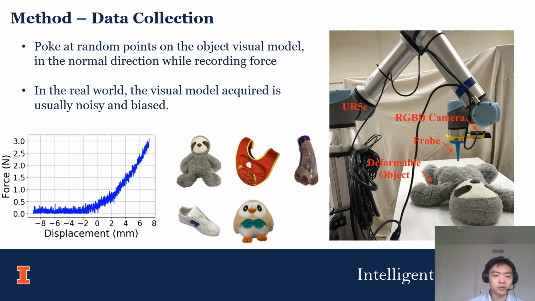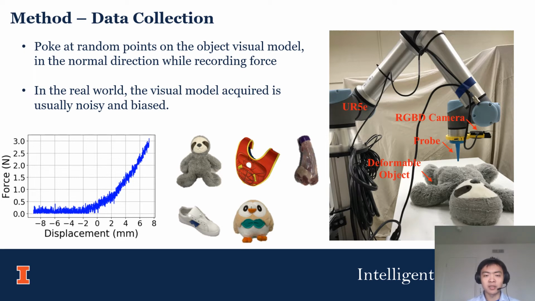But in this graph, the force starts to increase at -2 millimeters, which means that our visual model is biased. This is actually quite normal, because the cameras have a bias in themselves, and the calibration also involves a little bit of bias.